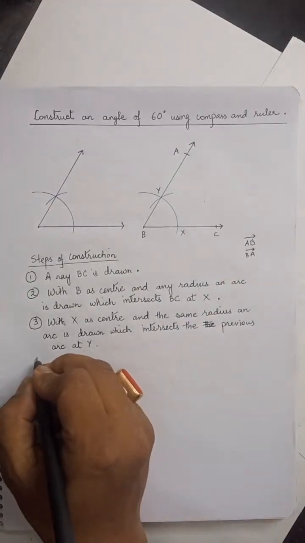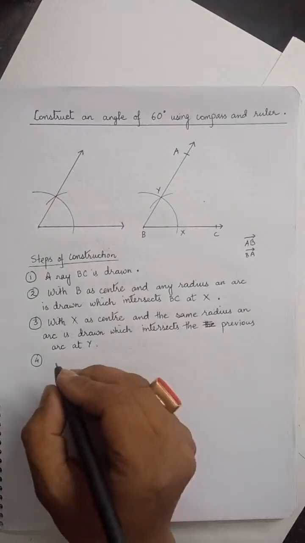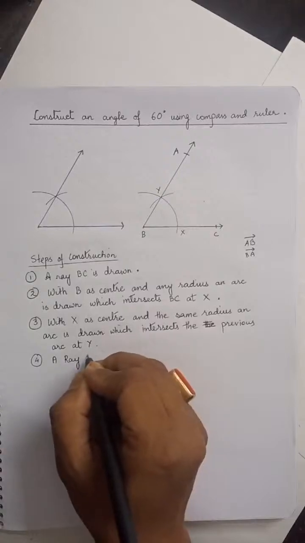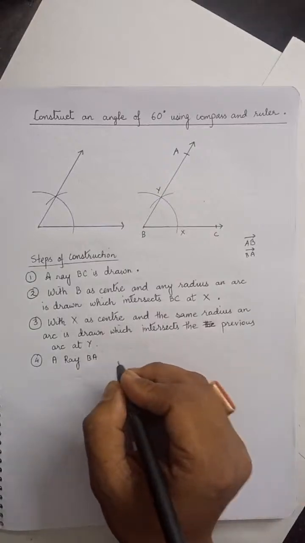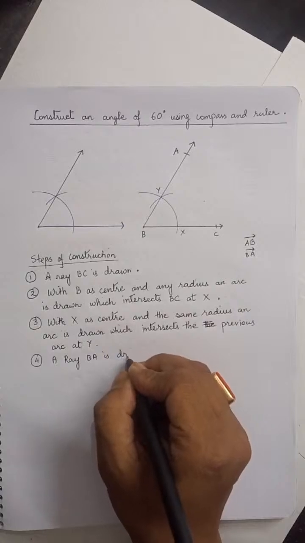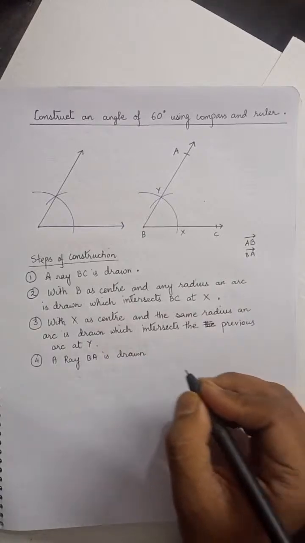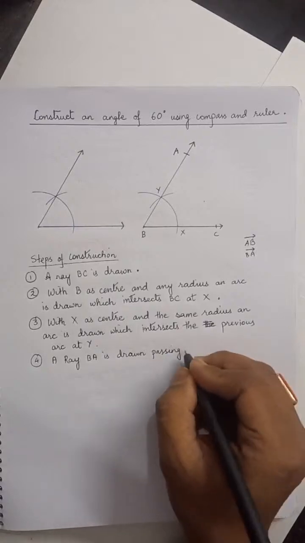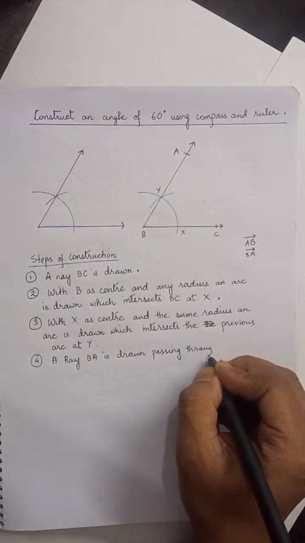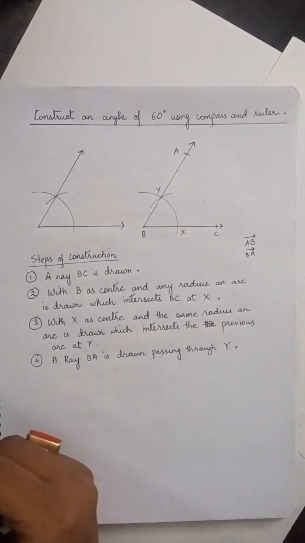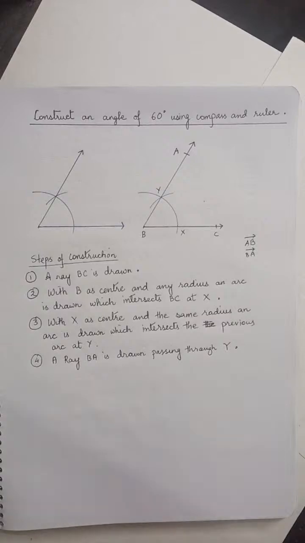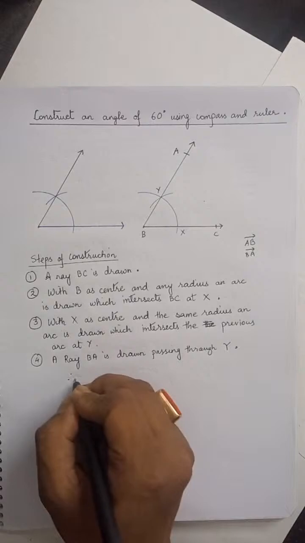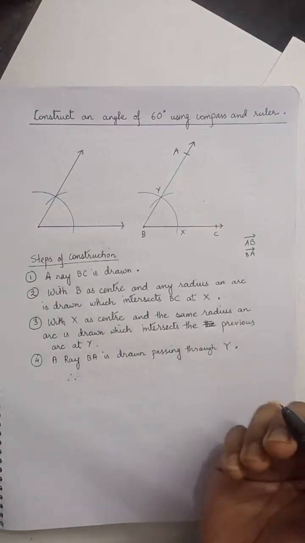So we will write a ray BA is drawn passing through Y. Okay, so therefore we can conclude our step.